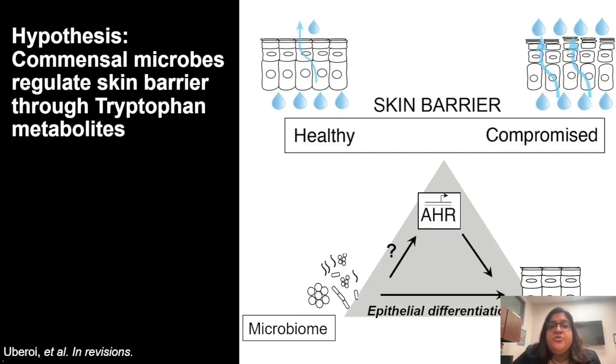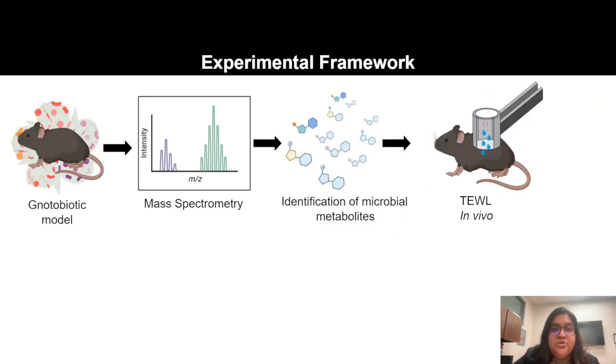But in order to really understand how some of these mechanisms would work, we thought that we would use an experimental framework in which we would use a gnotobiotic model where germ-free mice are colonized with defined skin commensal communities, use that skin and perform targeted mass spectrometry to identify microbial metabolites of tryptophan, and then validate them in vivo as a framework to test if these metabolites can be used as therapeutics.